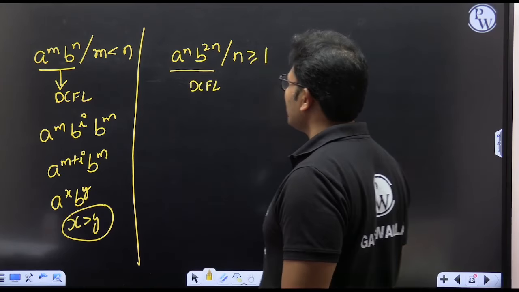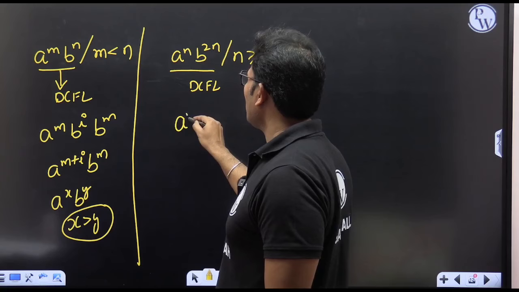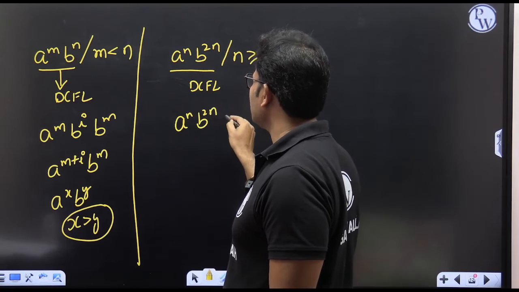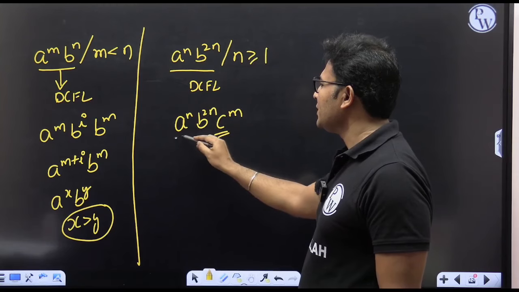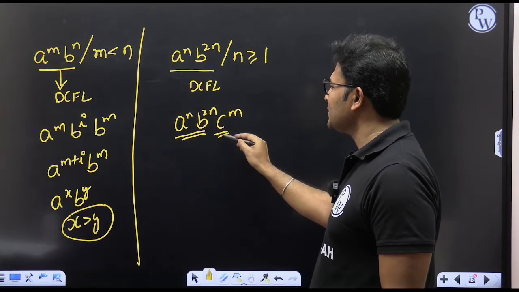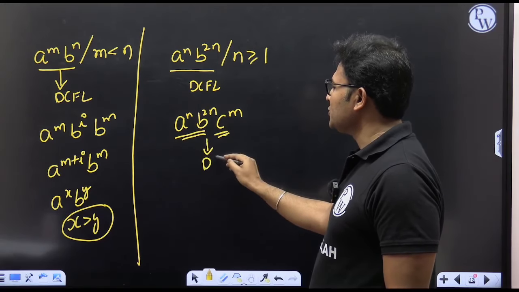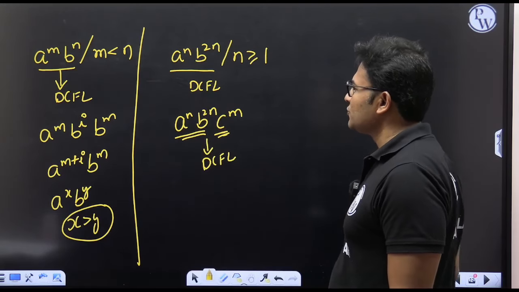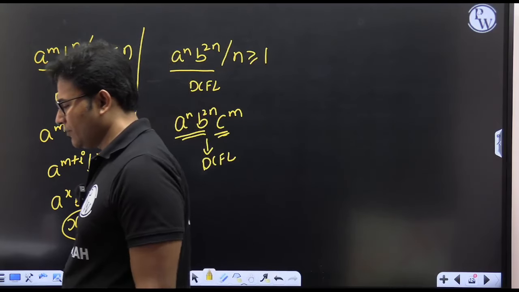Sometimes they can add something extra to this, like a^n b^2n c^m, right? It does not change anything. After comparing a's and b's, you don't have to compare c's. You have to just see all the c's. Therefore, this one will also be a deterministic context-free language, DCFL.